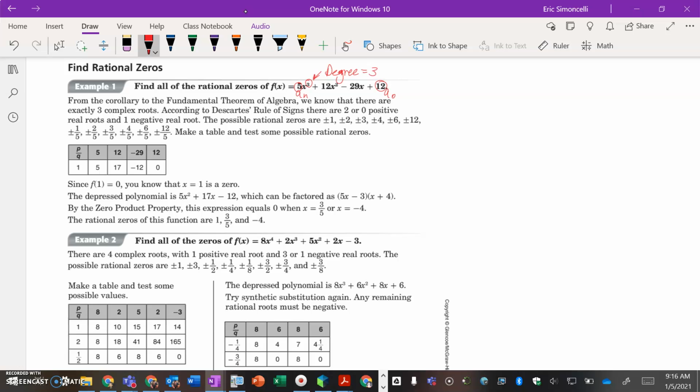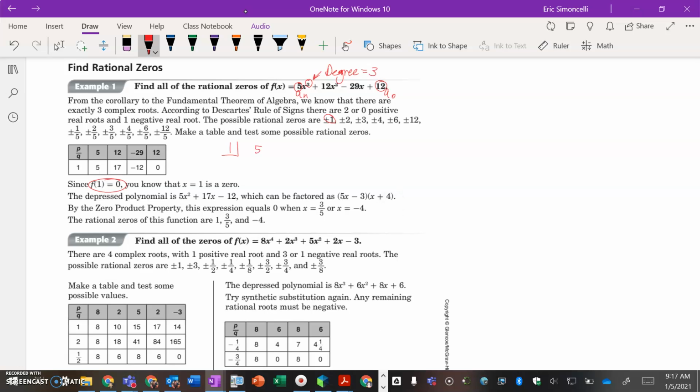as they describe, now this is a matter of maybe them shortcutting the actual work of synthetic division. I would argue that you should do synthetic division in full, so that you take 1. Which they're describing here, f of 1 is equal to 0, which by the way is one of the numbers on the list. There's 1 on the list. So we do that with 1 and of course 5.